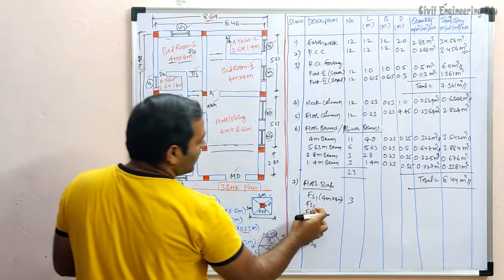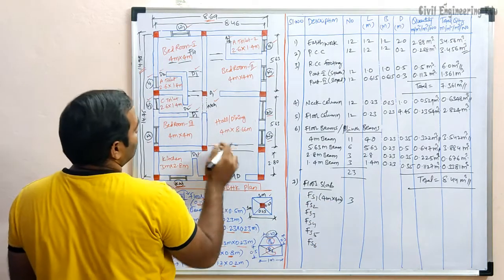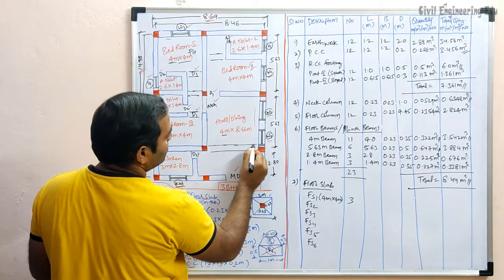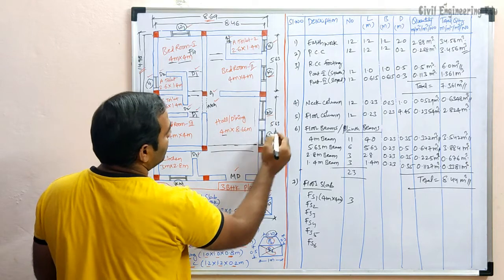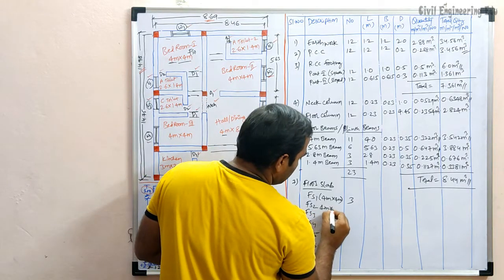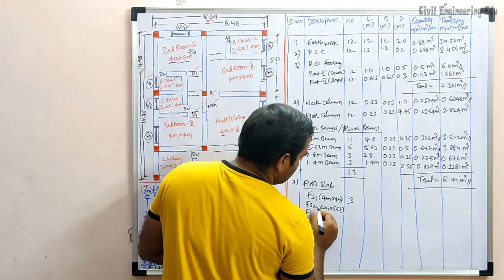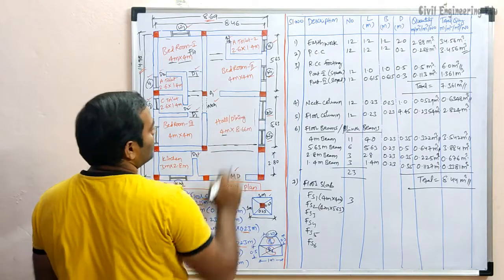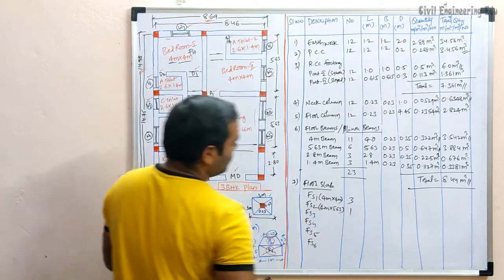Now coming to floor slab 2. Here it is 4 meter in this dimension, and from here to here 5.63. So it is a 4 meter by 5.63 meter slab, and only one of this size, so number is 1.